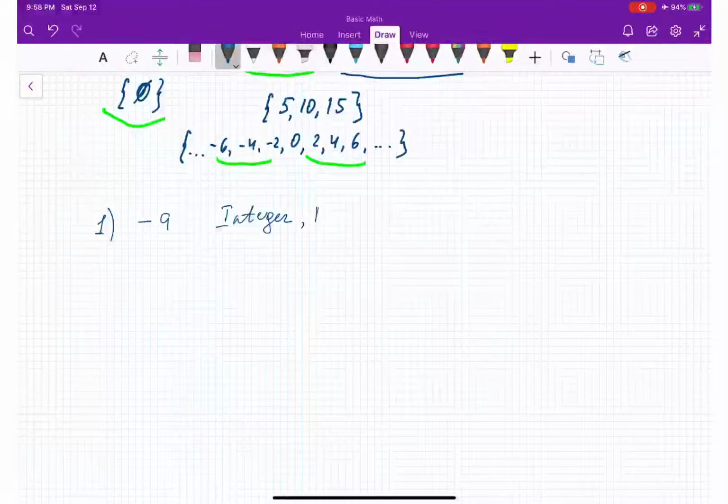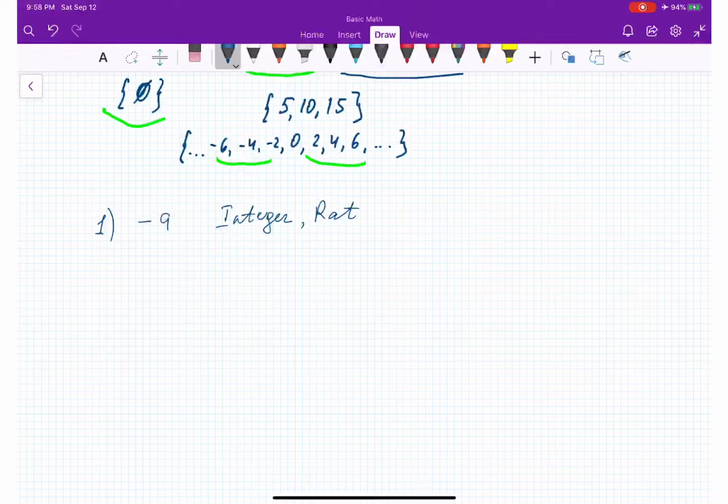It's rational, because you can represent negative 9 over 1, right? It's not irrational, and I'm putting real also, yes. Everything else, if it asks you, the answer is going to be no, because these three are yes.